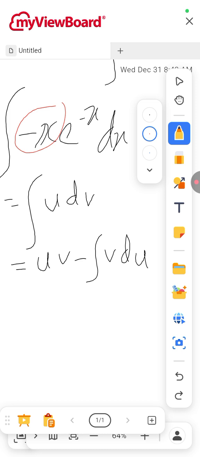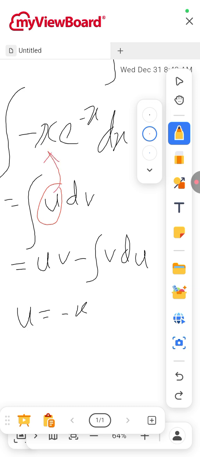So I will say my u is equal to minus x. Then you let your dv be equal to e raised power minus x.